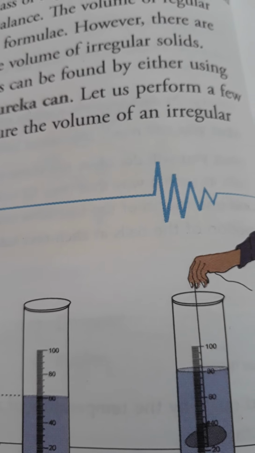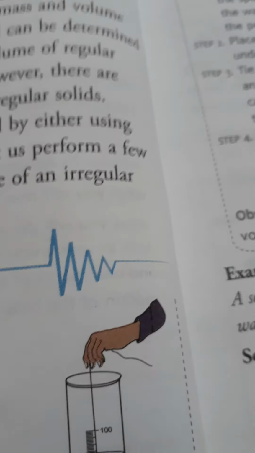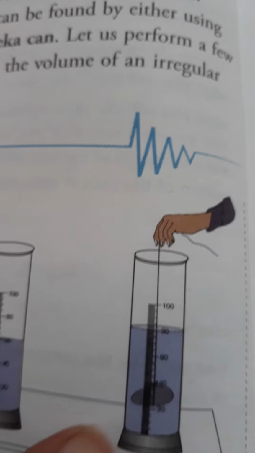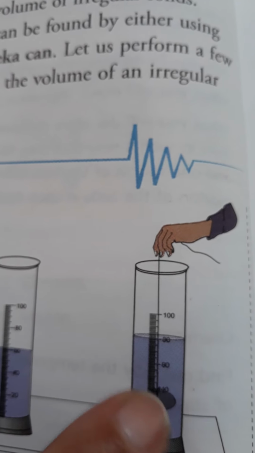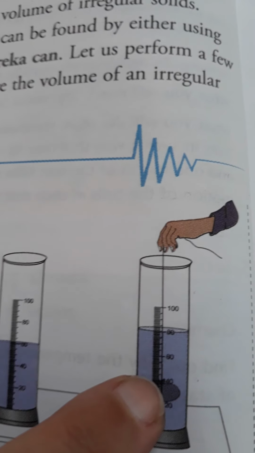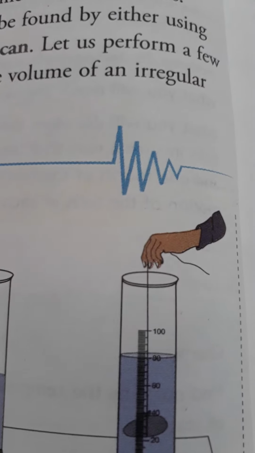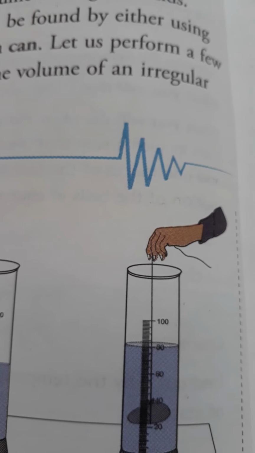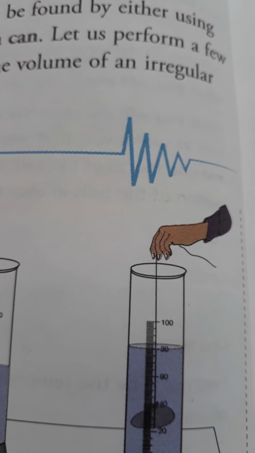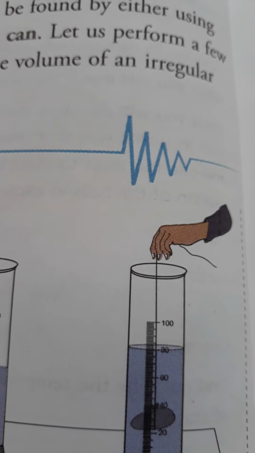Now tie the string around the stone. The second step is to tie the string around the stone and lower it into the cylinder gently without touching its wall or the bottom.